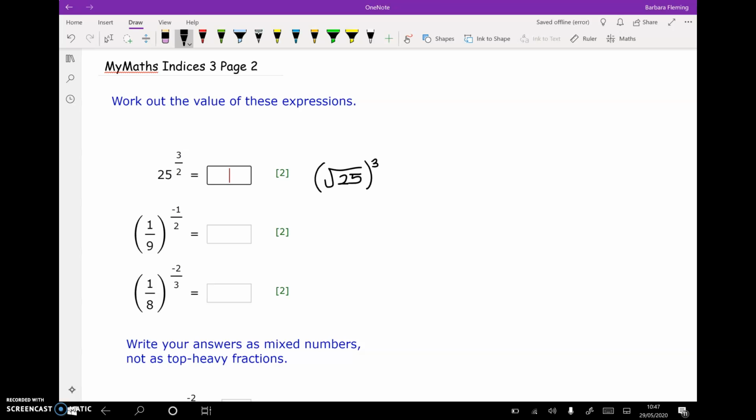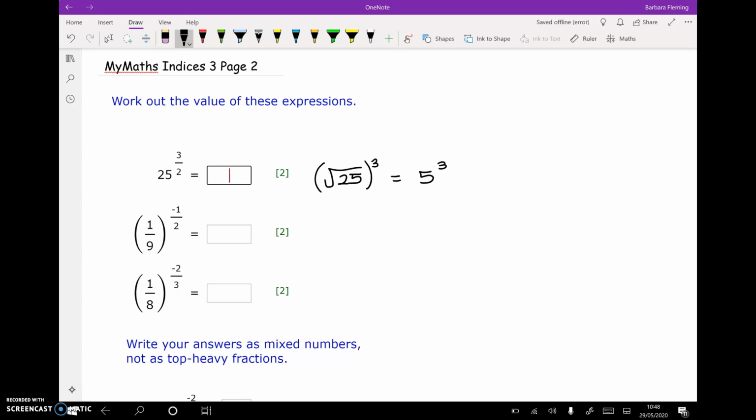Now, I always like to make numbers smaller before I make them bigger. So you could, in theory, do 25 cubed and then square root it, but that's a lot bigger numbers to work with. So let's square root the 25 first. Square root of 25 is 5. And then we've still got to do 5 cubed. 5 cubed, remember that's 5 times by itself 3 times.